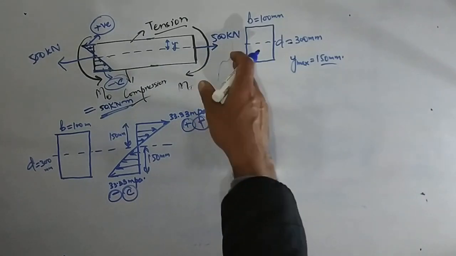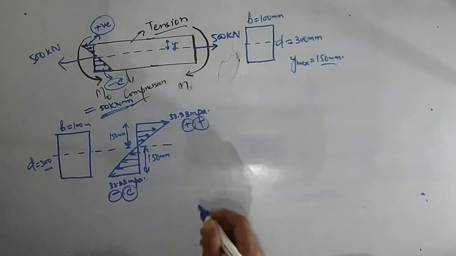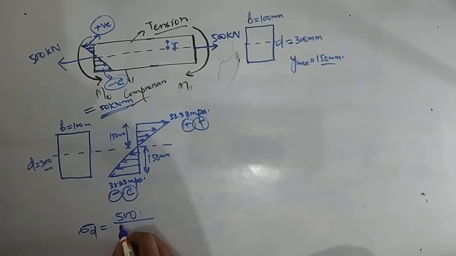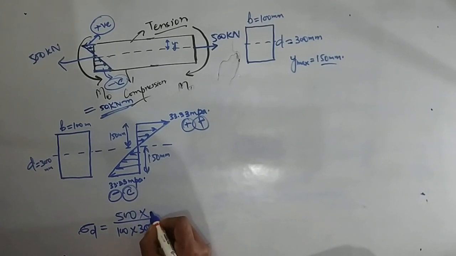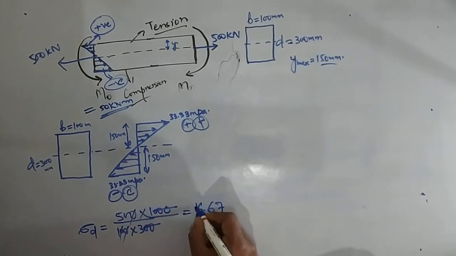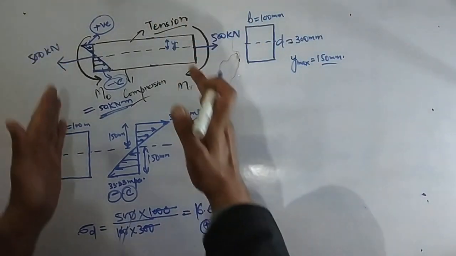Sigma direct will be 500 divided by the cross-sectional area, that is 100 into 300. I'll convert this into Newton, so these three go, and 50 by 3 is 16.67 MPa. Since this is positive and tensile, it will be tensile for the whole section.